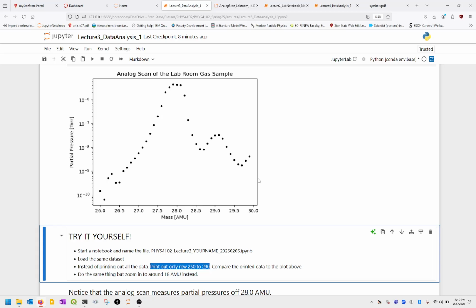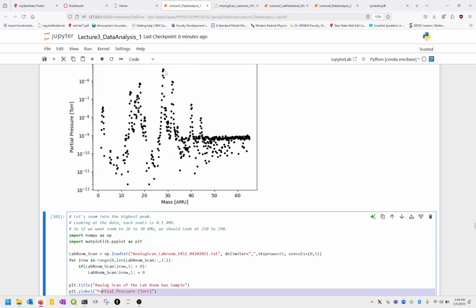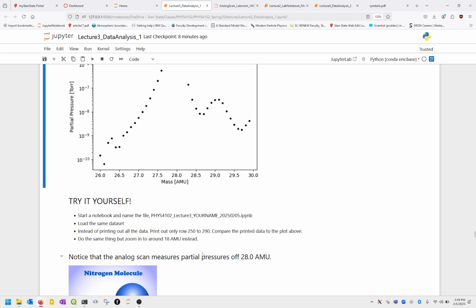Then when you're done, do the same thing as what I did down here, but instead of zooming around 28 AMU, zoom around 18. Look at the water instead of the nitrogen. So let's try those two things.